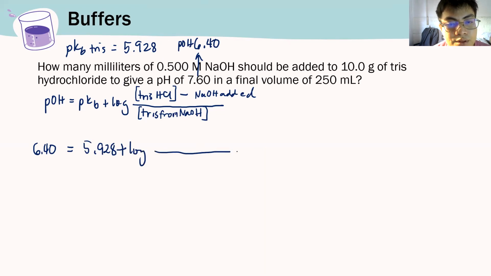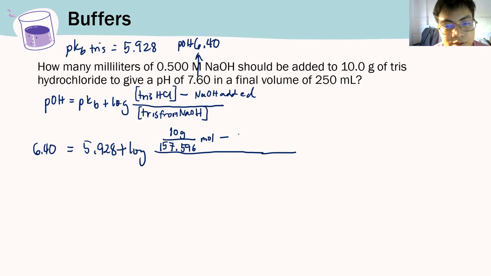Okay? So again, what is the amount of your Tris in moles? That will be 10 grams of Tris HCl divided by its molar mass, 157.596. So moles minus the added NaOH, which is molarity times volume.